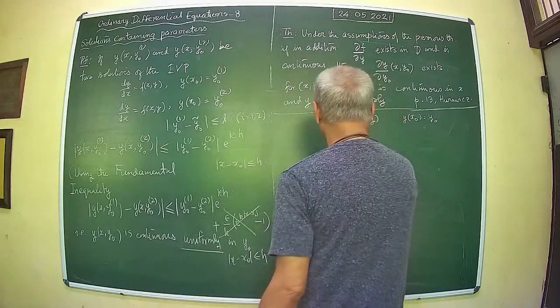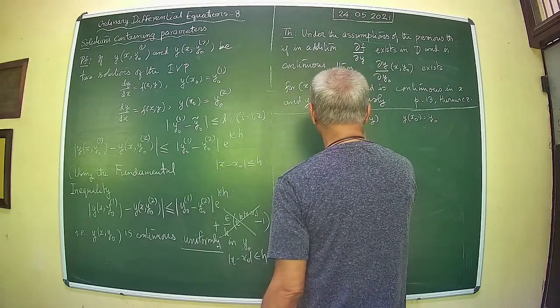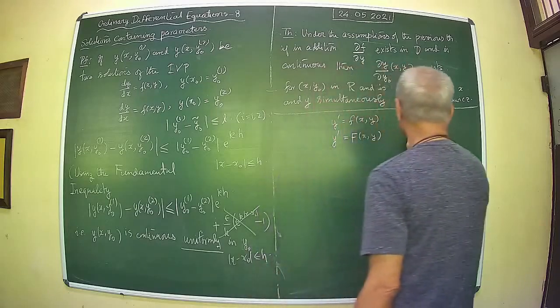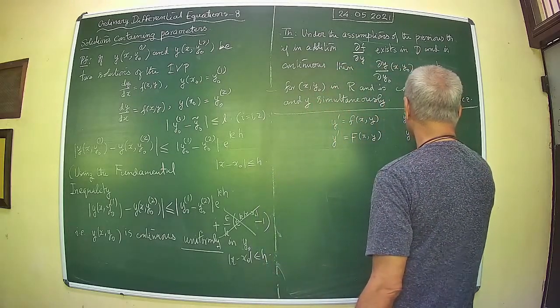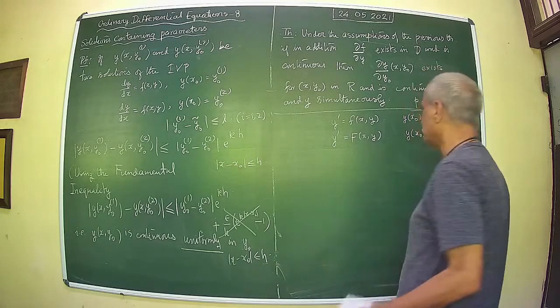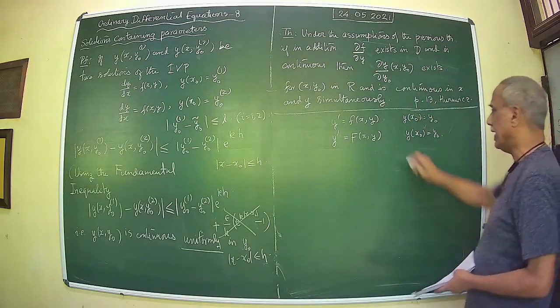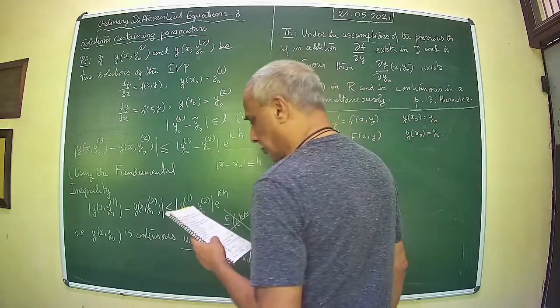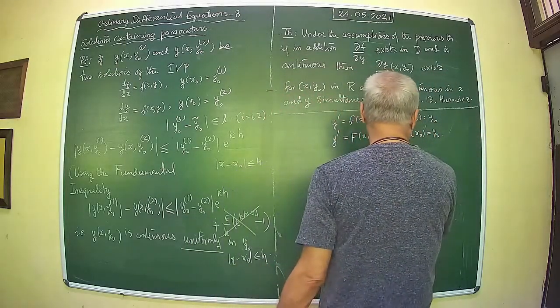Suppose you have another problem with the same initial data, with the additional assumption that capital F and small f are lying closer.